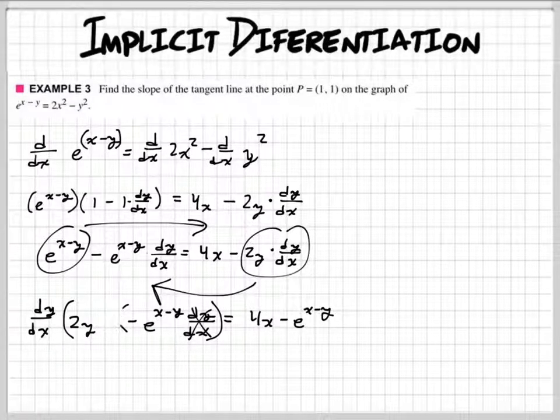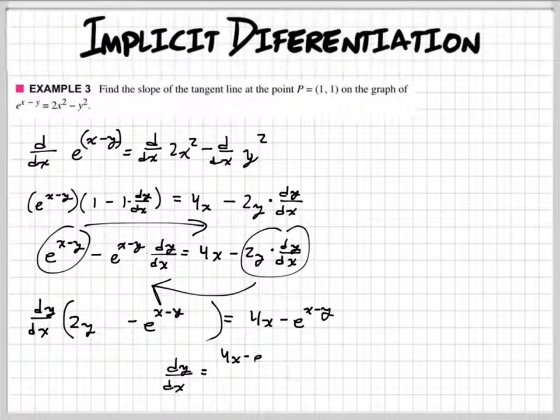I can erase these now, so I just have that on the inside. If I want to get dy over dx alone, I must divide both sides by this. So I get dy over dx equals 4x minus e to the x minus y, divided by 2y minus e to the x minus y. Oh, yikes. So that is my slope equation.